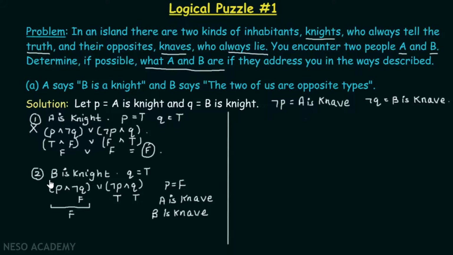But what is our assumption? B is a knight. But what is our conclusion? B is a knave. This is the contradiction, and hence this case is also false. Therefore, our assumption that B is a knight and A is a knave is false, right? Now let's consider the third case.